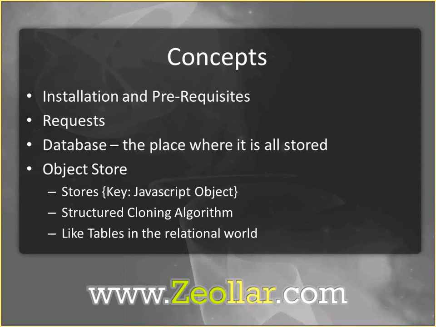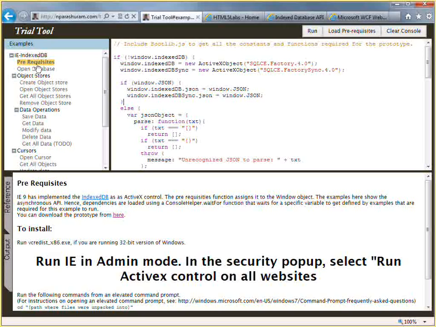I've switched back to Internet Explorer 9, and this is a website that has the code in where I can demonstrate how it works. As I said, IndexedDB is already installed here, and I'm showing you the code for how to run it.